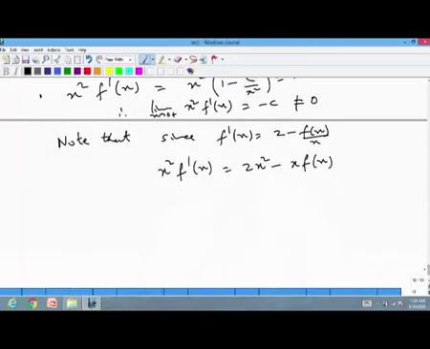Now, here you can make a mistake and think that as x approaches 0, this 2 x square approaches 0 and then we have x times f of x, and you might think that x times f x also approaches 0. That is a mistake, thinking that limit x approaching 0 plus of x f x is equal to 0.